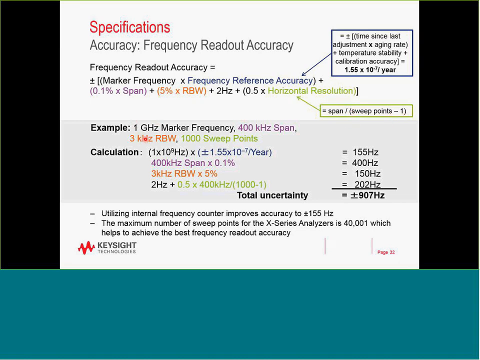As an example here, at a gigahertz signal with a 40 kilohertz span and a 3 kilohertz resolution bandwidth, and using 1,000 points, the calculation ends up with a 907 hertz error on a gigahertz signal. All of these analyzers have a frequency counter inside, and if you use the frequency counter, that 907 hertz of uncertainty in frequency will go down to 157 hertz.